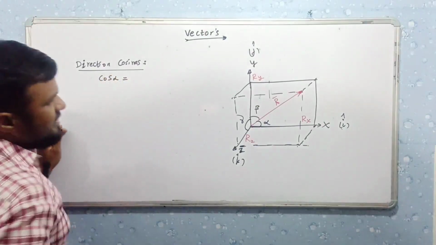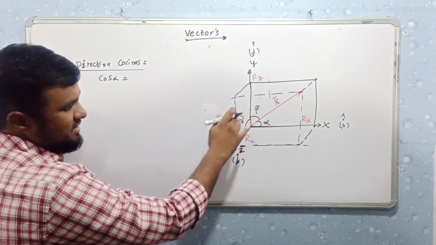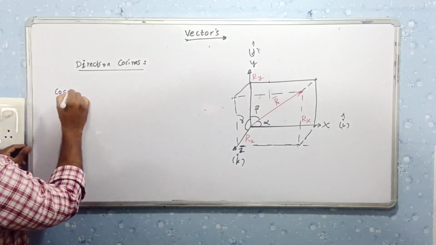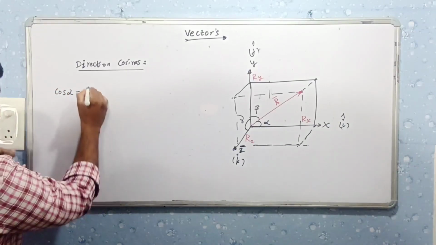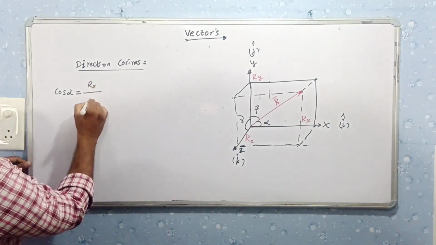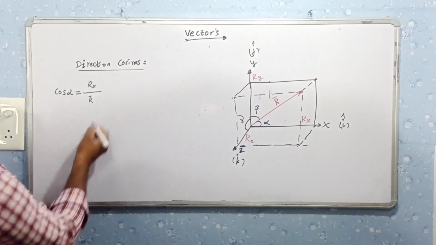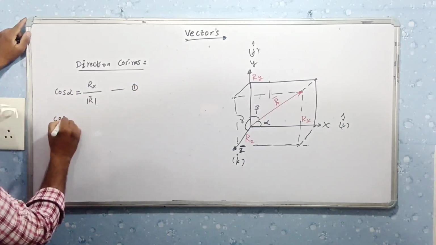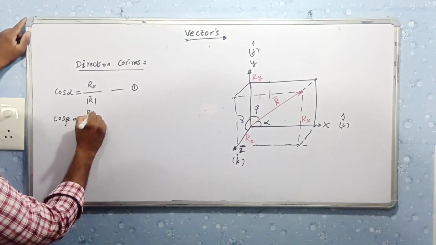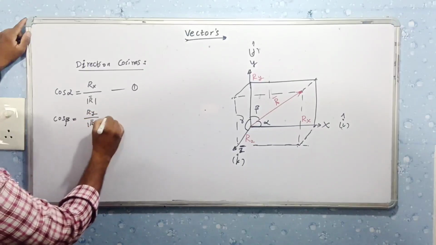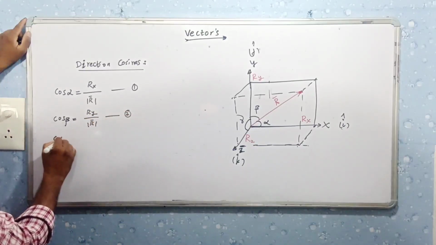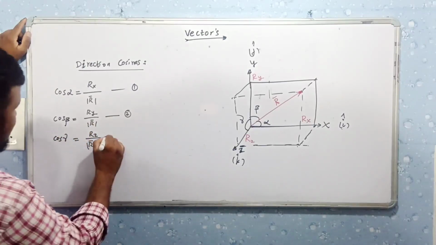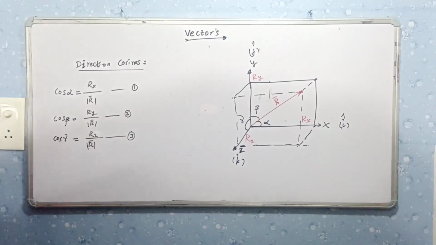Cos alpha is adjacent by hypotenuse. Cos alpha is equal to adjacent, which is Rx, by hypotenuse R bar, which is the magnitude of R bar. Equation number 1. Similarly, cos beta is equal to Ry by R modulus, equation number 2. Cos gamma is equal to Rz by R magnitude, equation number 3.